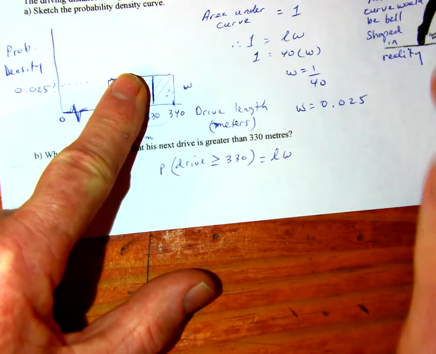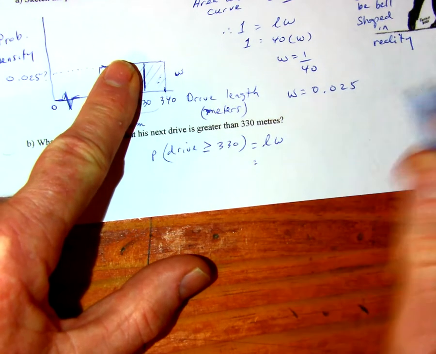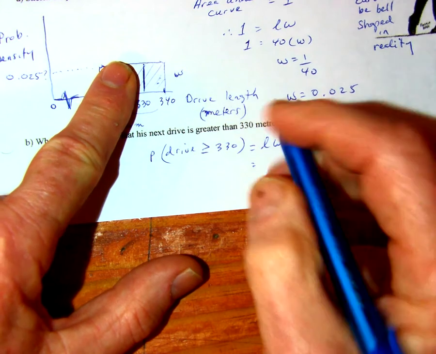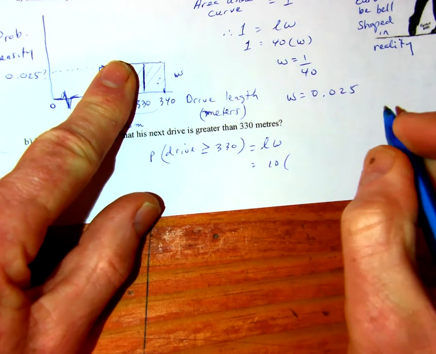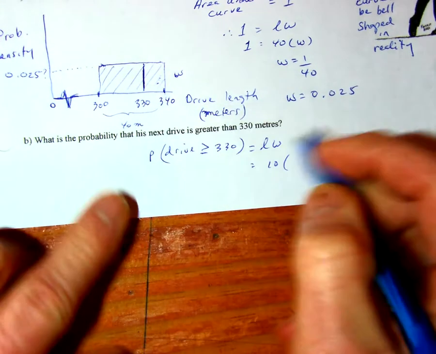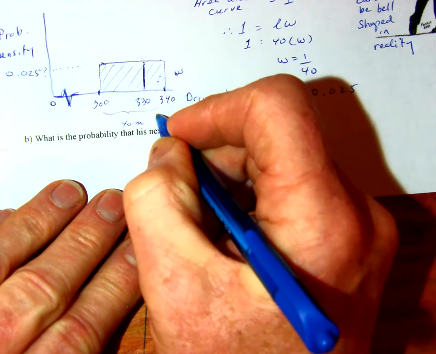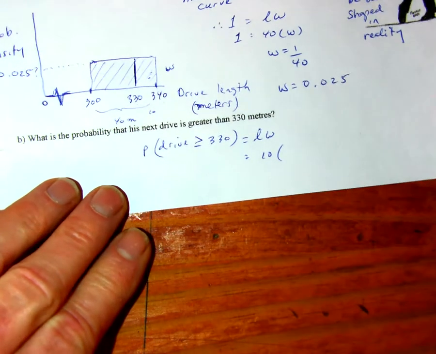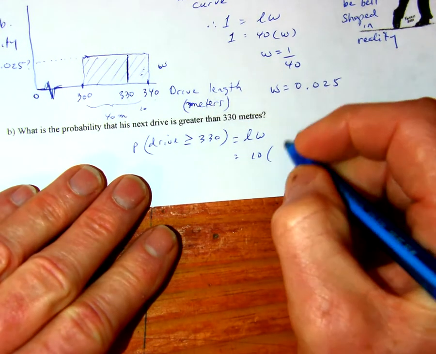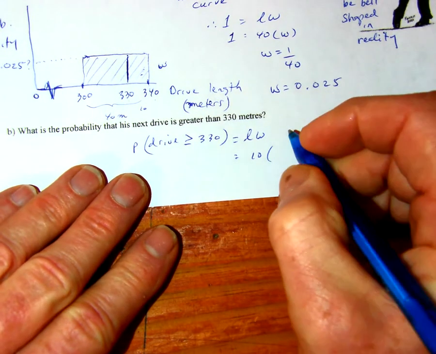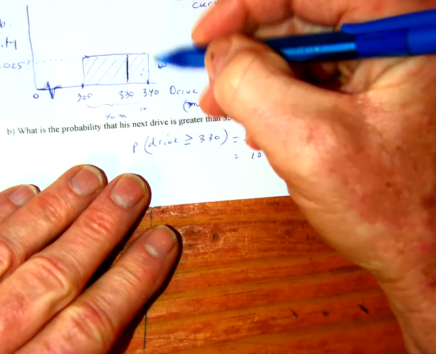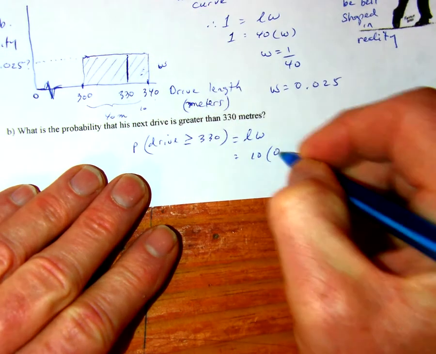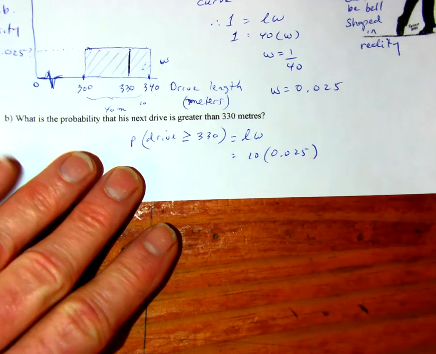What's the area of this? 330 to 340 is 10 meters, right? So it would be 1/4 the area. And what's the width again? 0.025.